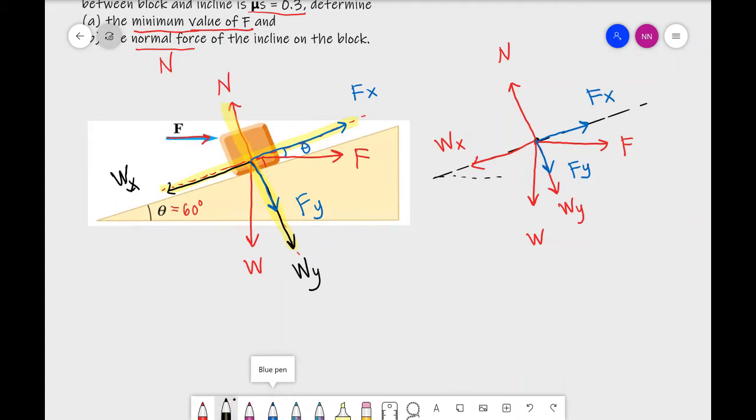Theta is here and it is equivalent to here. This is the y component, and this is the x component.